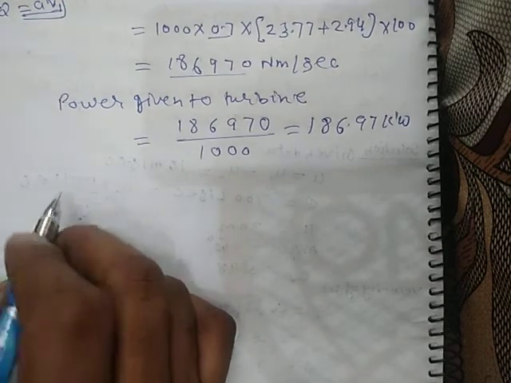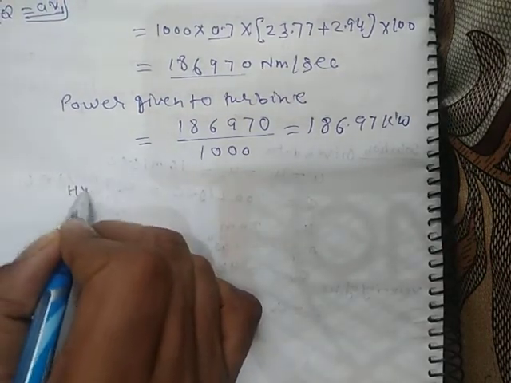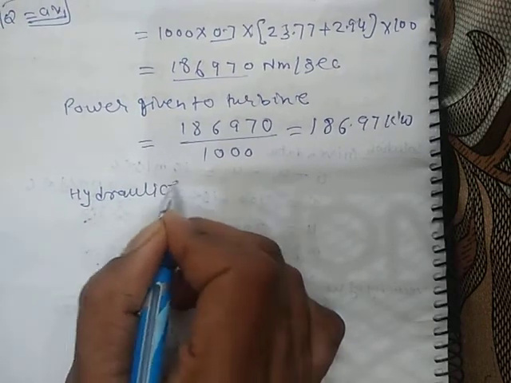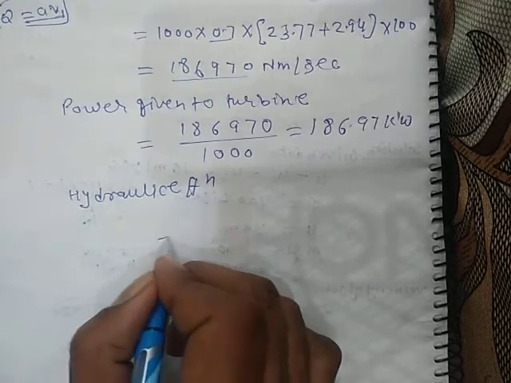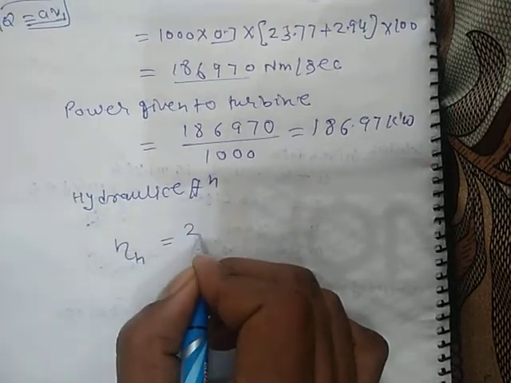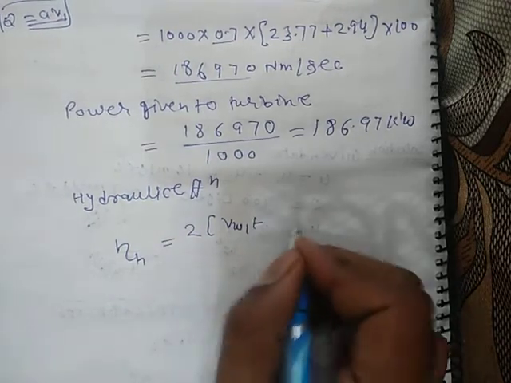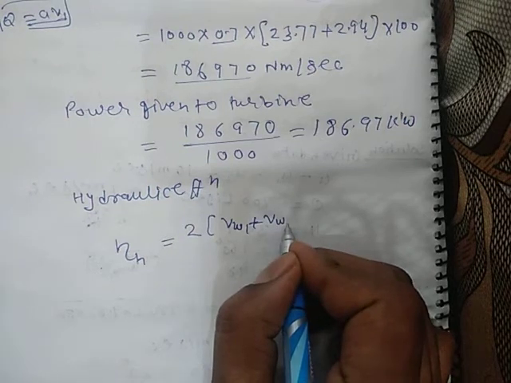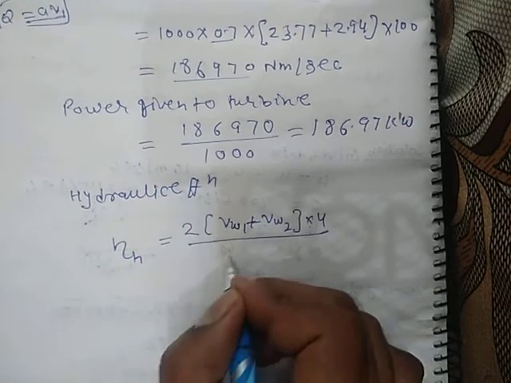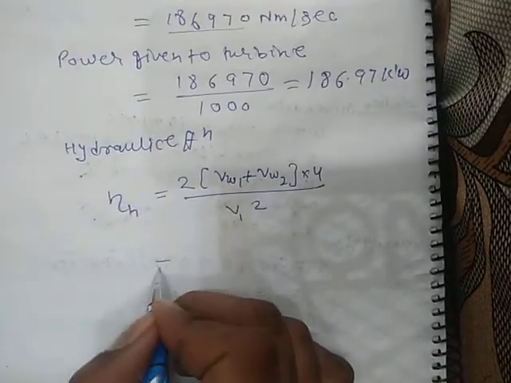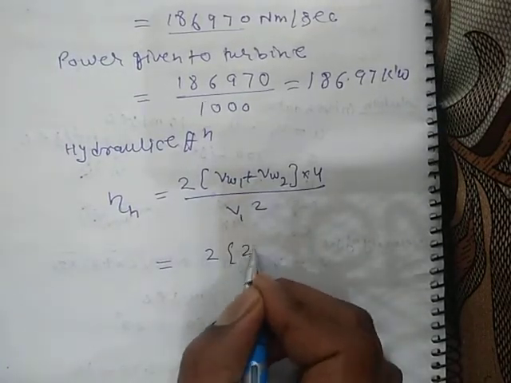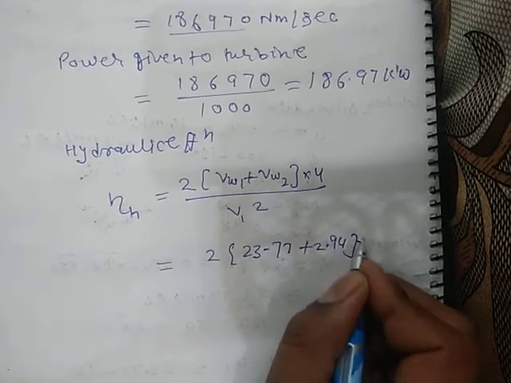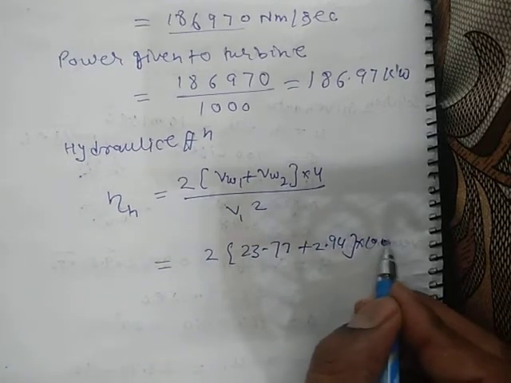So remember this. What is the hydraulic efficiency? Hydraulic efficiency eta H is equal to 2 into VW1 plus VW2 into U upon V1 squared. This is the formula of hydraulic efficiency, runner power upon water power. So put the values: 2 into 23.77 plus 2.94 into 10 upon 23.77 squared.